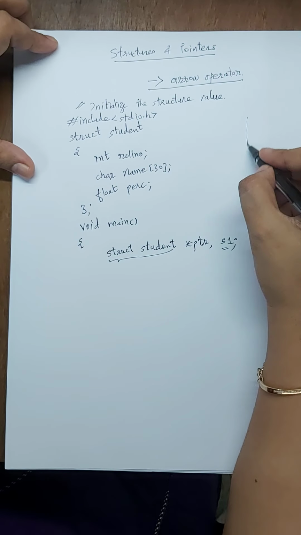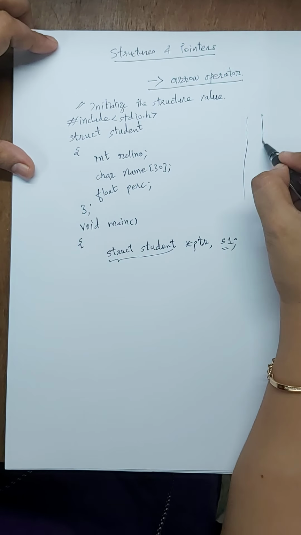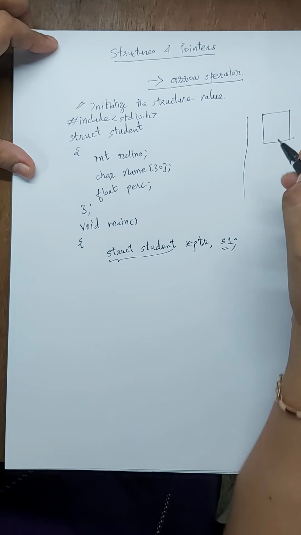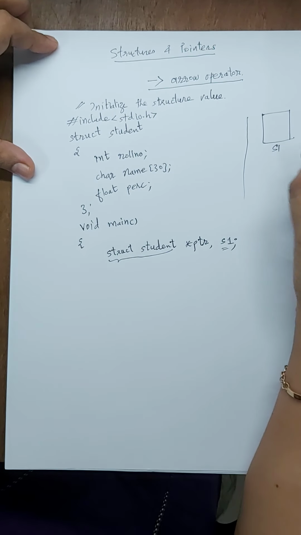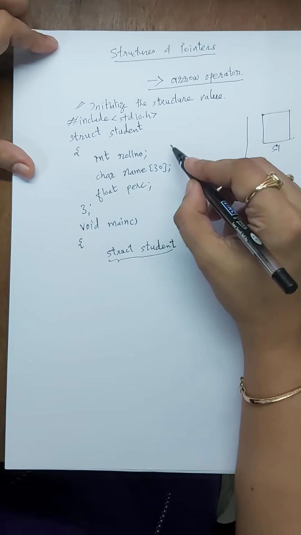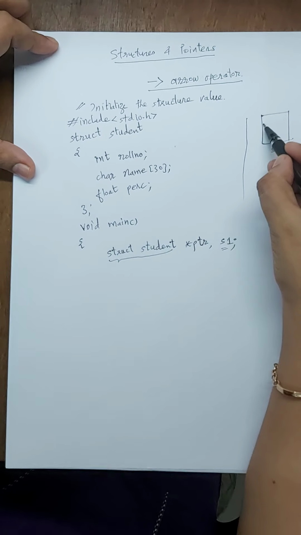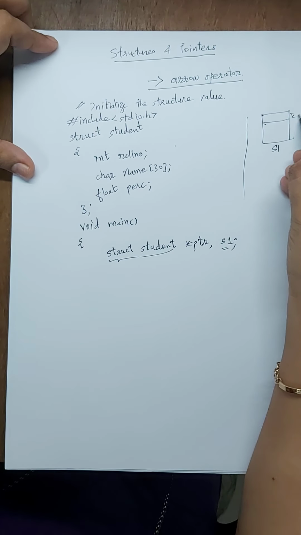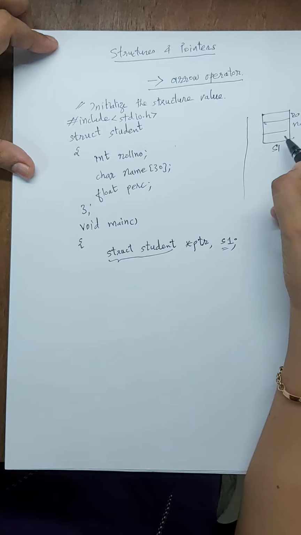So one structure, its name S1, will be created, having these three variables: roll number, name and percentage.